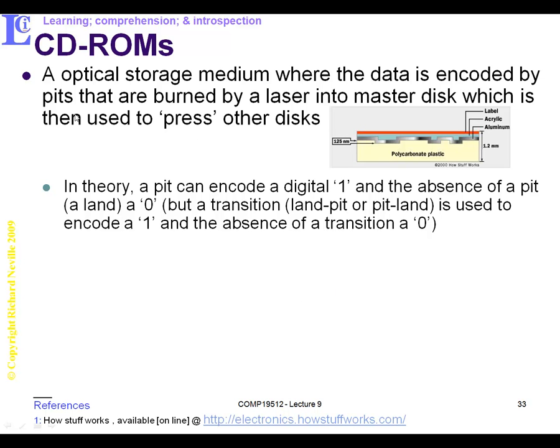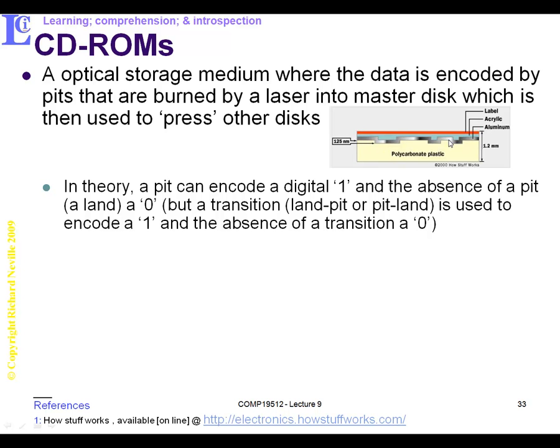The next thing we're going to look at is the makeup, the fabrication, the layout of a CD. So these are optical storage where they encode data and burn it onto the surface, and this is done by a laser. And normally if they're copying them, they're just pressed really. So this is a side view of the disk where you can see there are two different components to the data. There are pits and non-pits.